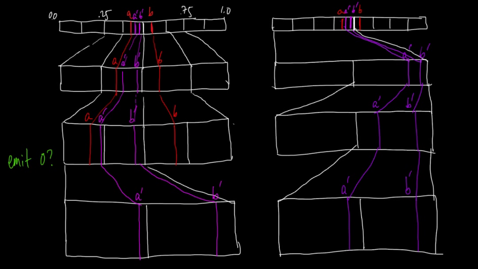Then 1 since we're in the upper half, another 1 since we're in the upper half again, and then we're split down the middle, so we aren't going to emit anything yet. So what we ought to do when we hit this case is emit 0, 1, 1 in order to get the same result as if we had done the normal thing.